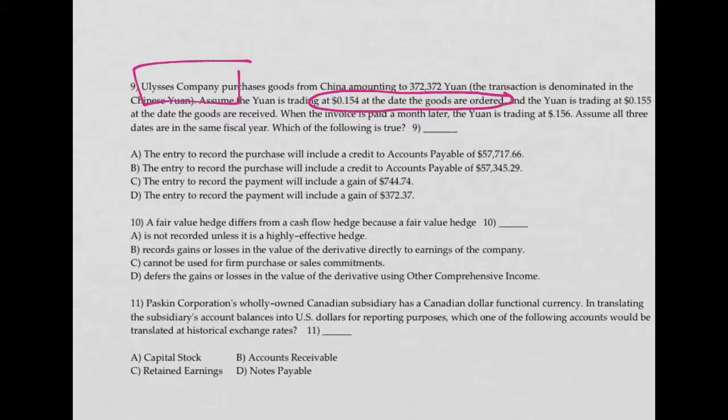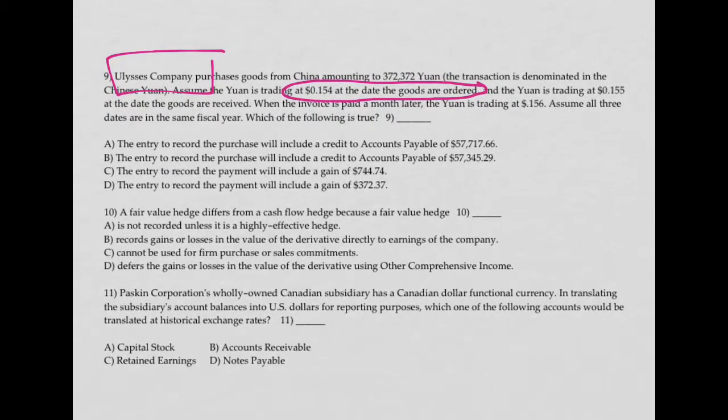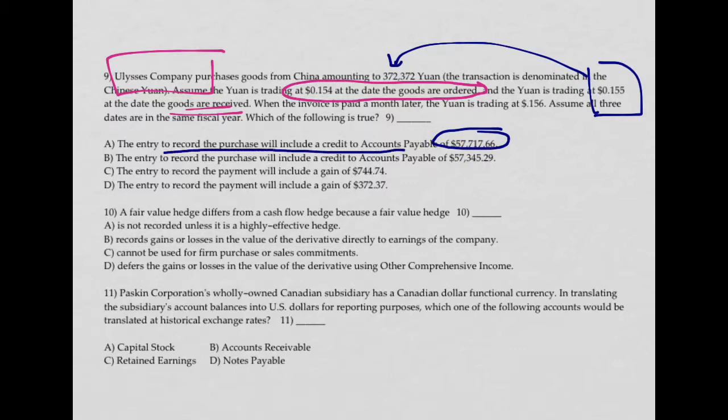They will recognize it when they receive the goods. When they receive the goods, we multiply the exchange rate times this number, and it indeed is a credit to accounts payable that we'll be looking for, and that answered the question right there.